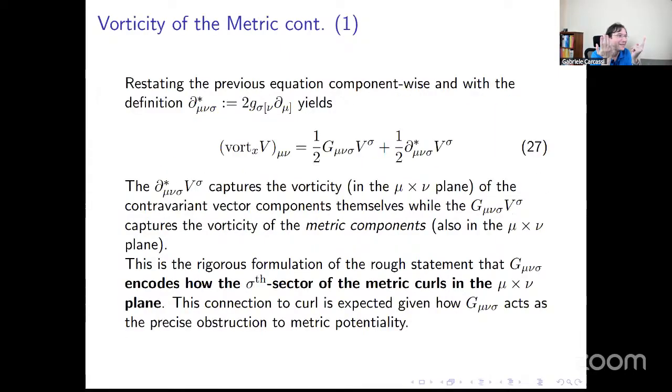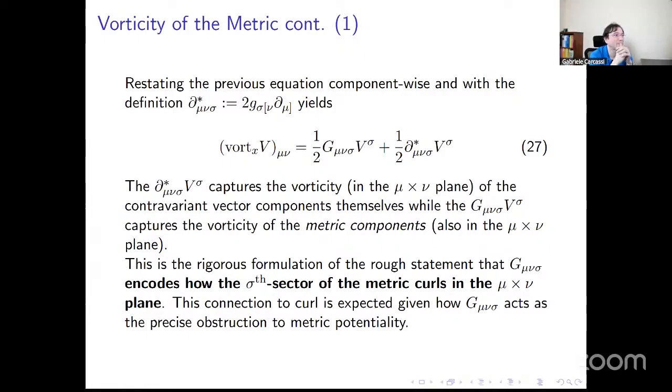Correct. So you can think about your ruler as being a vector that we keep constant around the loop. We want to keep the same direction and everything, and we're just curious about moving this vector around. In that case, the second term on the right-hand side of equation 27 will be 0 because of the partial derivatives. It will vanish.